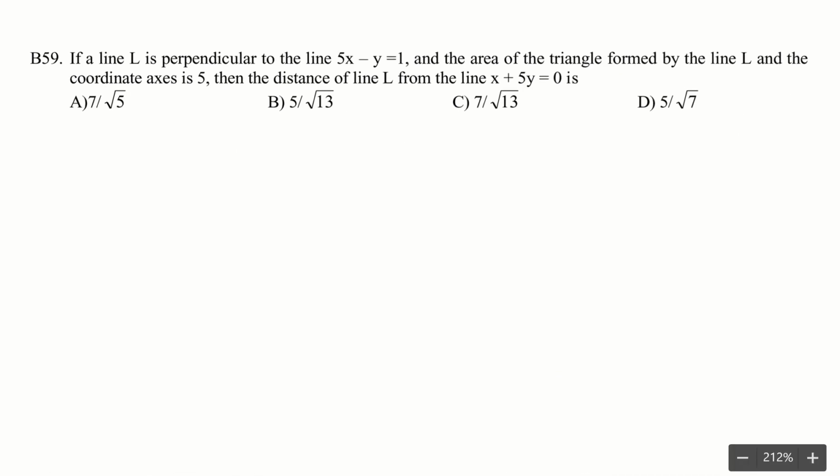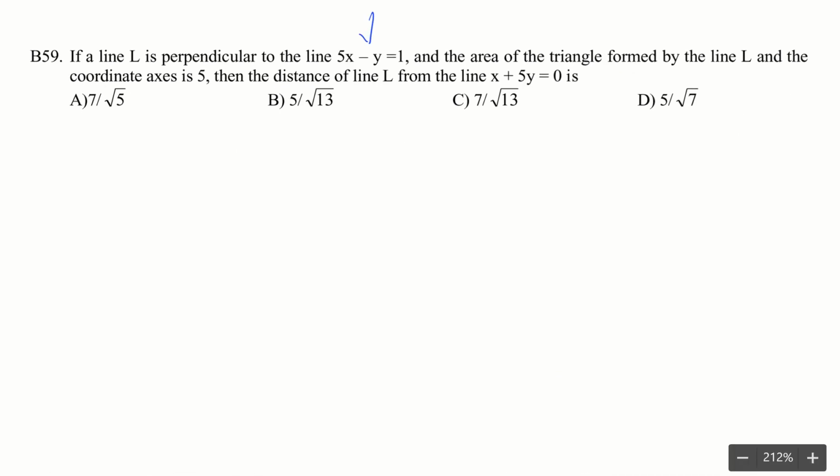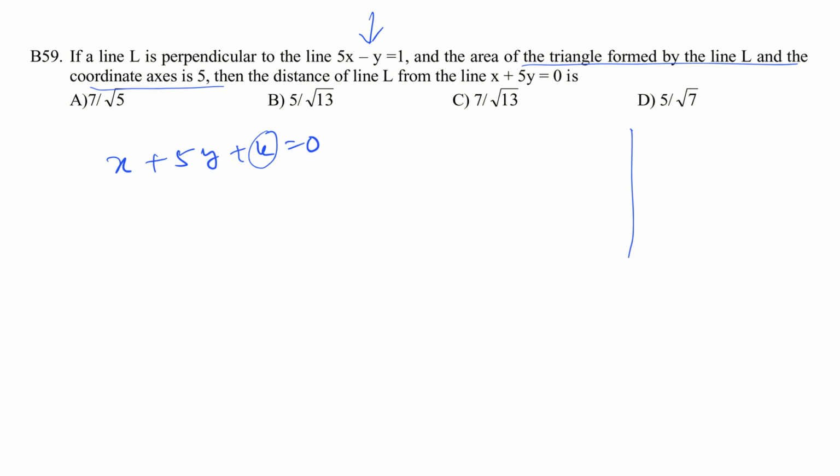Now in this problem, the line perpendicular to this one is nothing but any line perpendicular to that is of the form x plus 5y plus k is equal to 0. Now we first find the value of k such that it forms a triangle of area 5 with the coordinate axis. Now suppose I have a line like this.